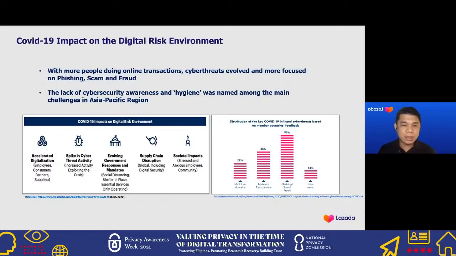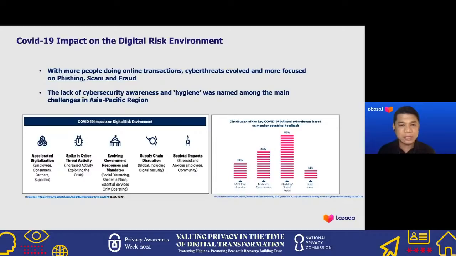It also increased, or there were more spikes in, cyber threat activity, and it allowed people to exploit other people in this crisis. We also see an evolving government response and mandate, the way that we are seeing our laws now, particularly on data privacy, evolving, and that we also see more and more controls to be able to manage and eventually eradicate this pandemic.